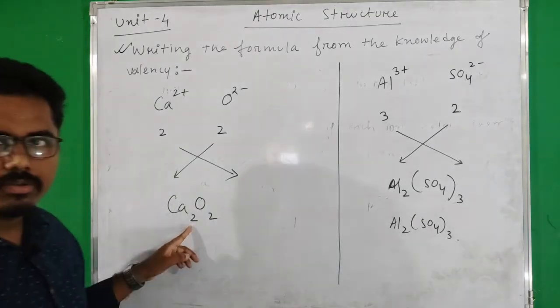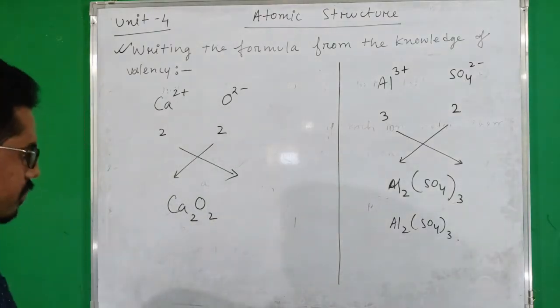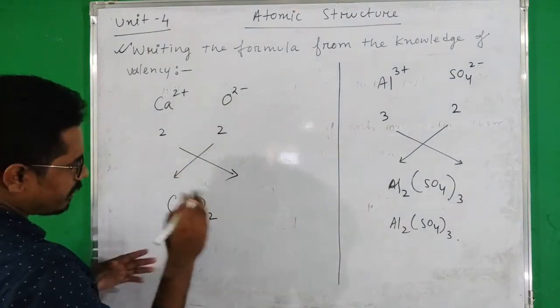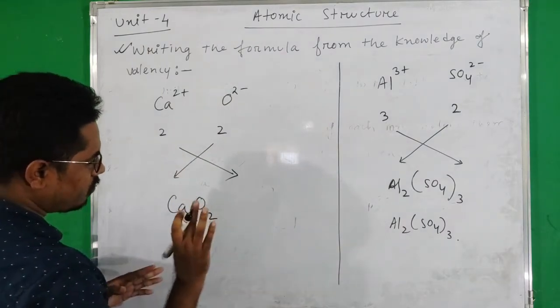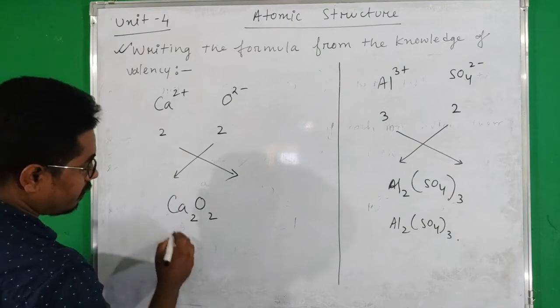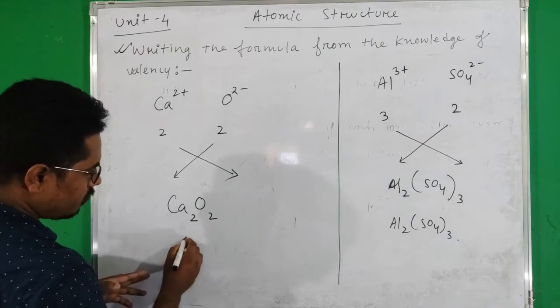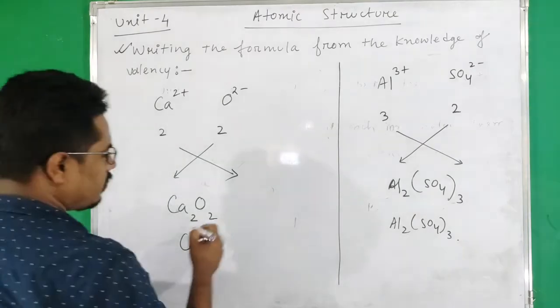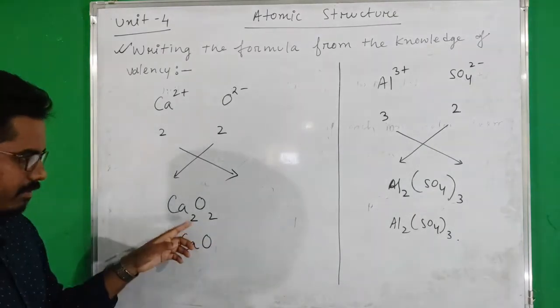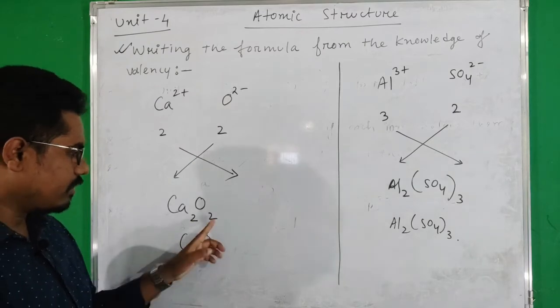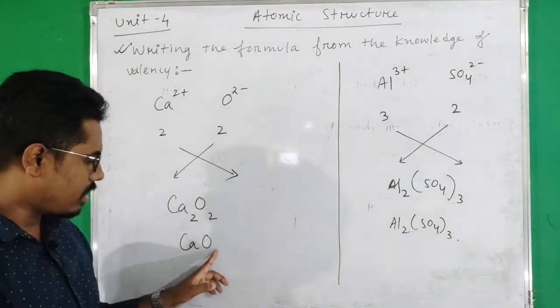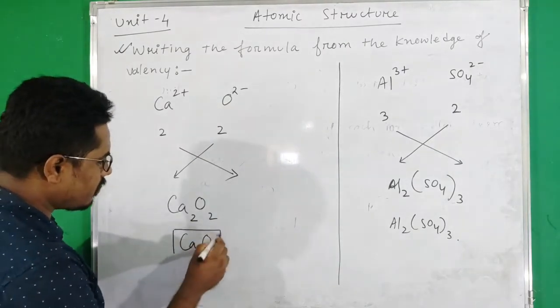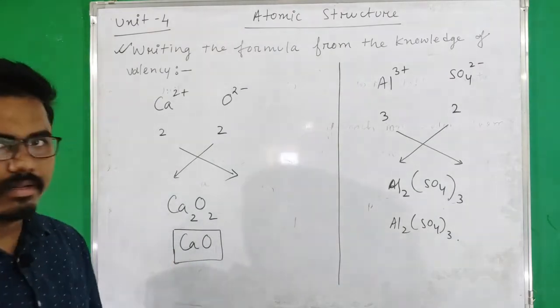Highest common factor of 2 is 2. Therefore, you have to divide them with 2 and the result will be CaO. That means when 2 will be divided by 2, here the result will be 1, here the result will be also 1. So therefore, the exact formula of this compound is this one.